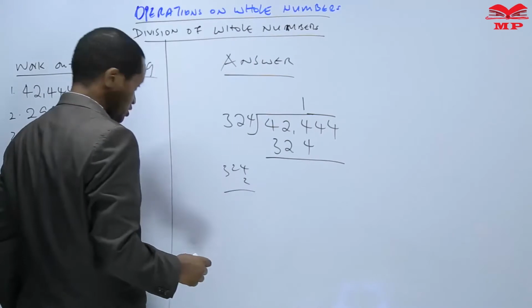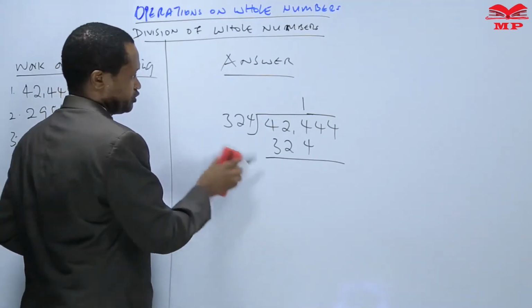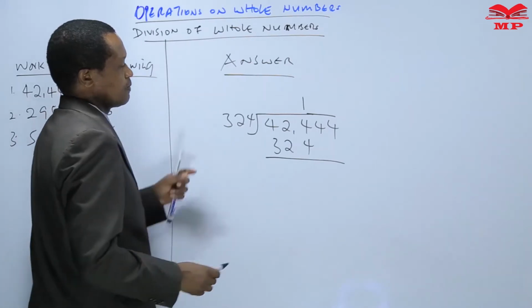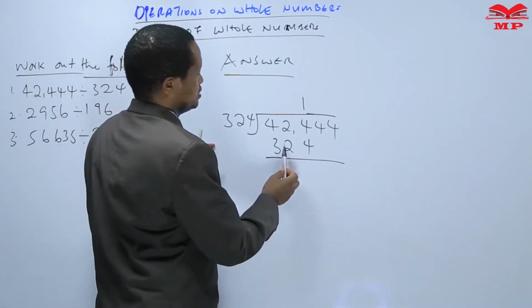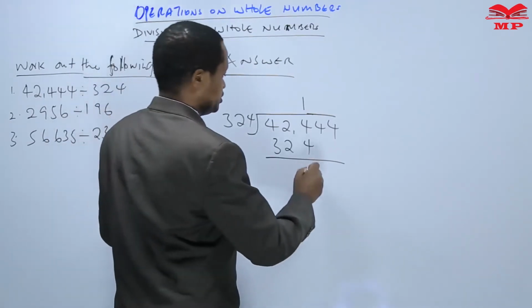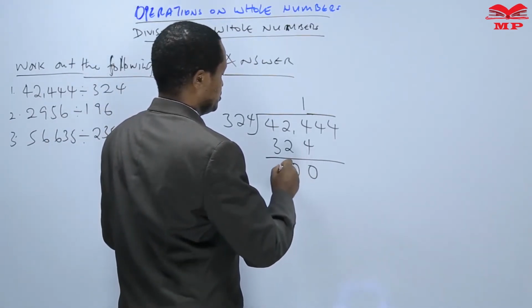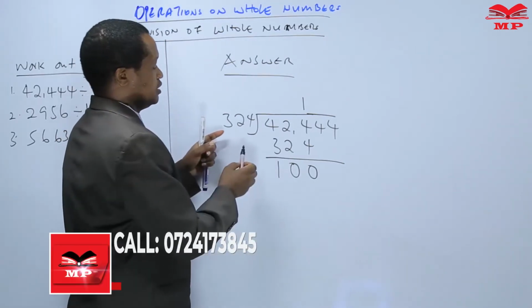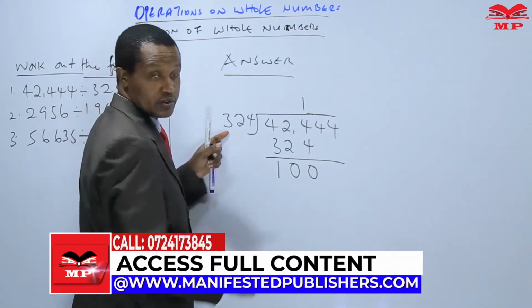Then we subtract 324 from 424. This will be 100. So 324 cannot divide 100.